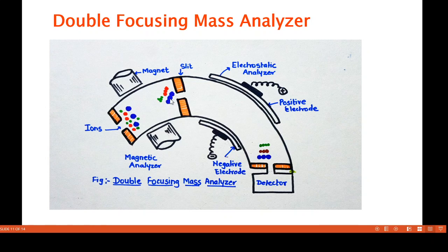Due to this situation, we get a broad peak. But here all the ions are aligned and due to that we get a sharp peak. This happens due to the electrostatic field. Okay, it is clear. This is nothing but the double focusing mass analyzer.